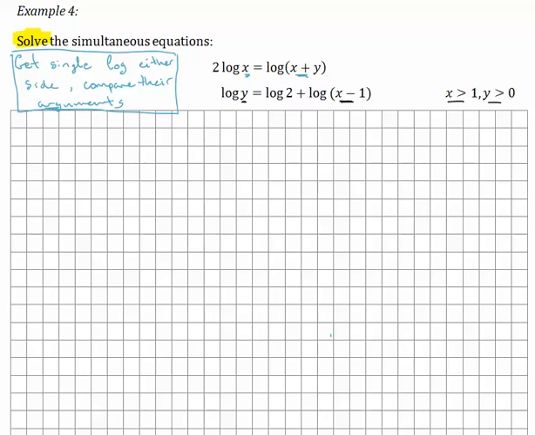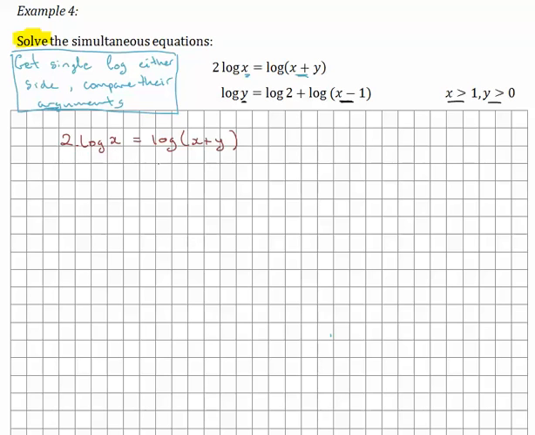Alright, let's look then at the first equation. It says 2 times log x equals log of x plus y. Now you might think that there's a single log on both sides here, but in fact this 2 times is a problem. We cannot compare the arguments when this is being multiplied by 2.